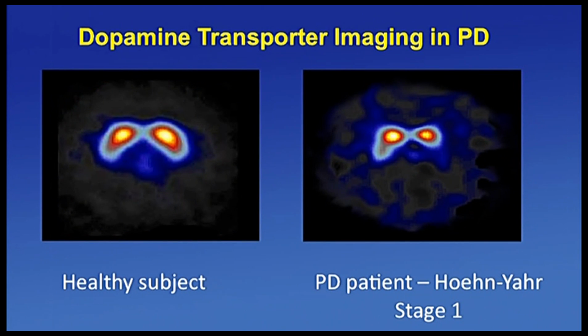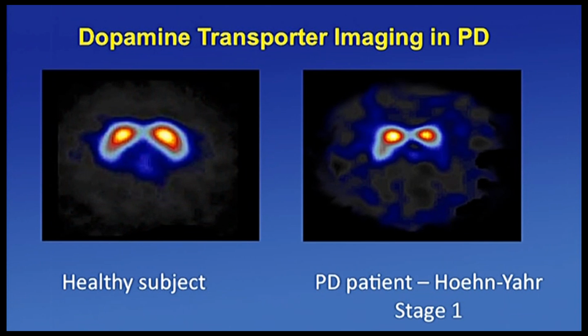We have the opportunity with the DAT scanner to image the dopamine in the caudate and the putamen as it's taken up in a transporter that transports dopamine back in to the presynaptic neuron. This gives us an idea of how the neuron that comes from the substantia nigra to the putamen is functioning.